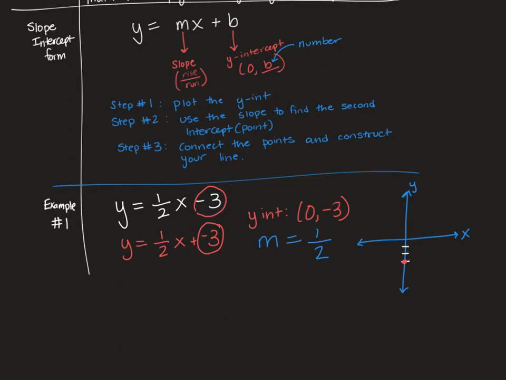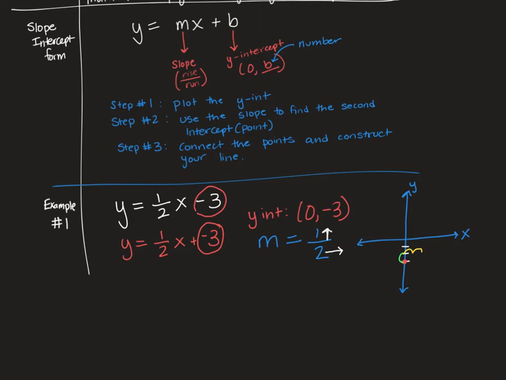I just did step 1. I plotted the y-intercept. Now step number 2 says use the slope to find the second intercept. My slope is 1 over 2. Rise over run. So I'm going to rise 1 and run 2. I'm going to do it in green, I'm going to rise 1, and I'm going to do the next in yellow and run 2.